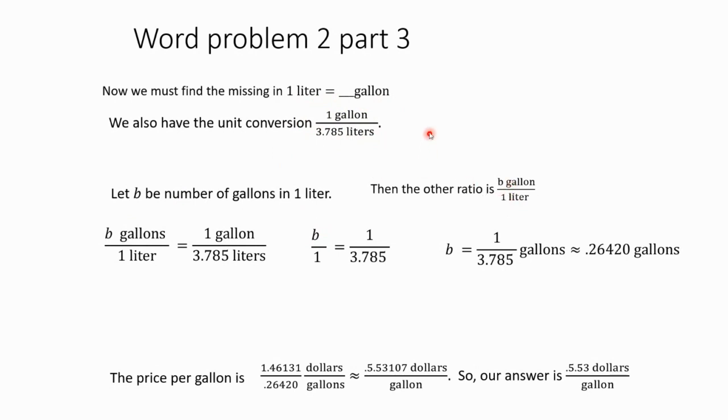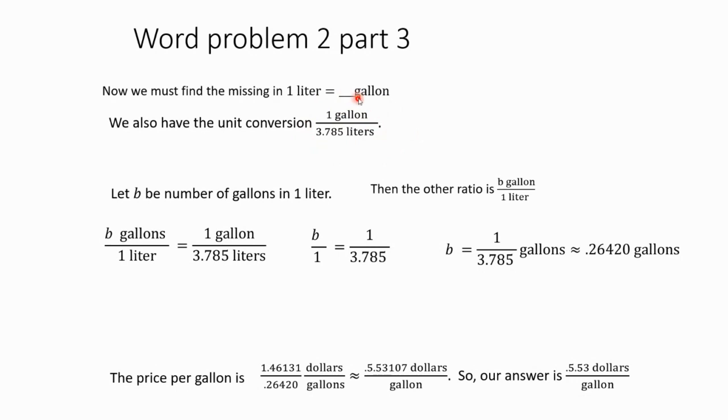It's in that table from last time, and I think it will come up again later today. From the conversion between the metric system and the imperial system, they tell you that 1 gallon is 3.785 liters. So we get this ratio from that.